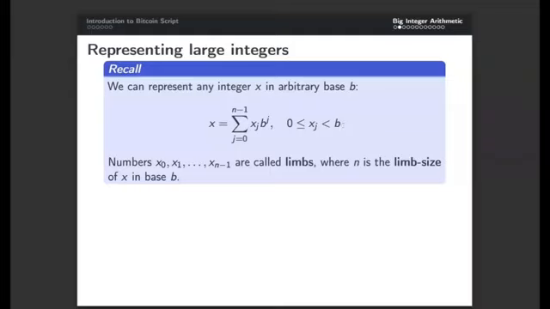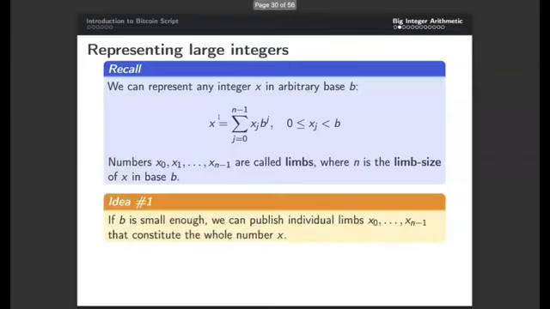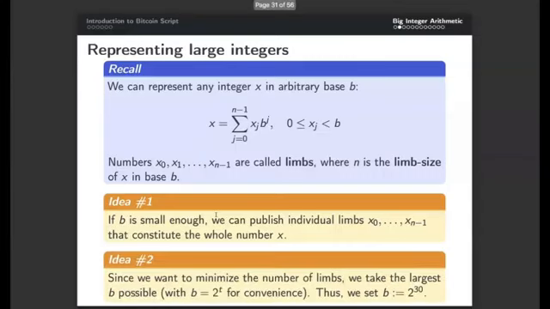And the number of limbs is just basically the limb size of x in base b. So if we choose b to be small enough, in our particular case, less than a 32-bit integer, then we can publish individual limbs to represent x. So instead of just pushing the whole integer into the stack, we're going to push individual limbs and then just somehow process them.